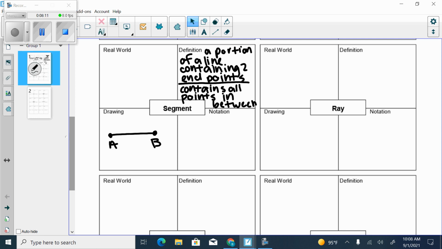So if I was going to name this, the notation for a line segment is AB with a line above it, no arrows, because it does not keep going. That's why it's important if you're talking about a line, you put the arrows, because if you don't, then you're showing me it's a line segment, not a line. Okay? Or again, the order of the letters doesn't necessarily matter, so you could also name it BA.